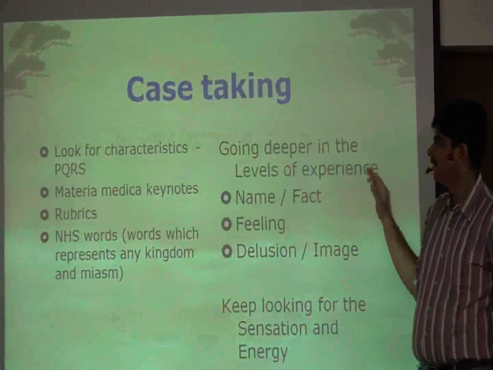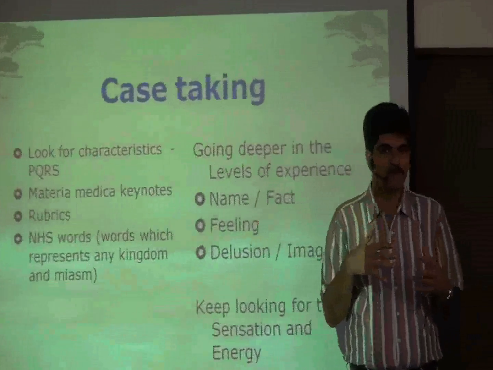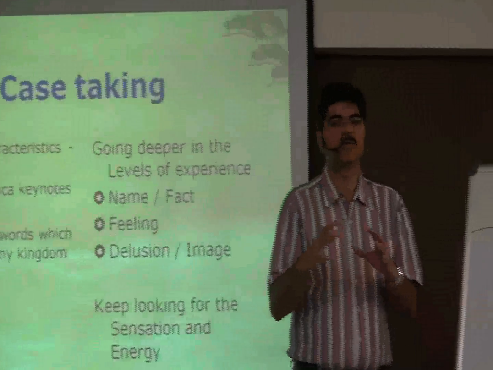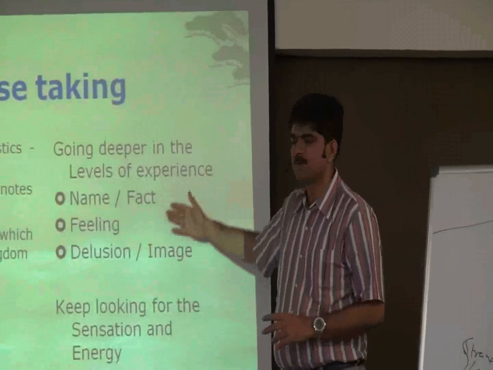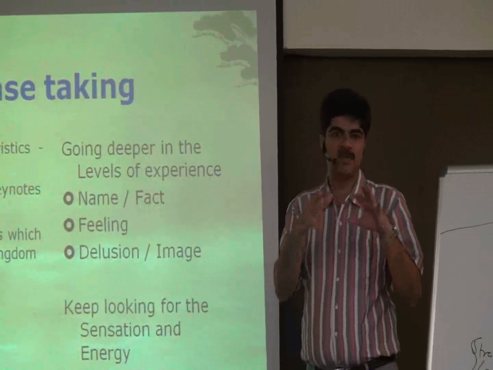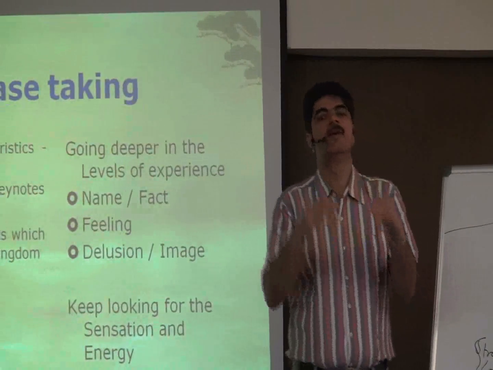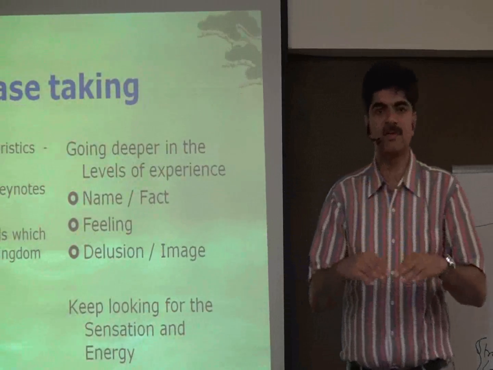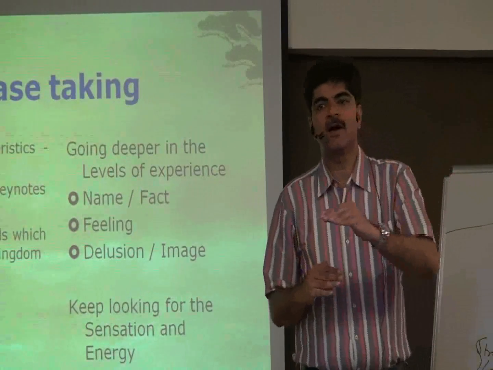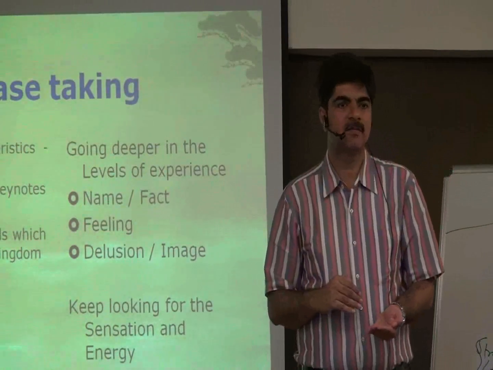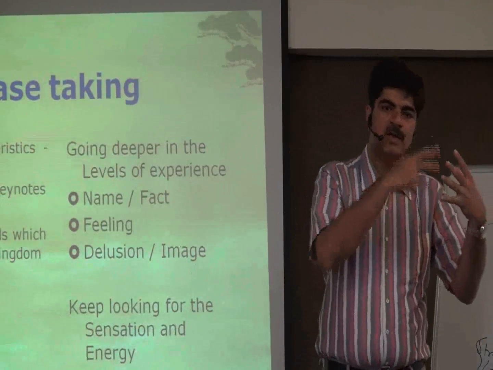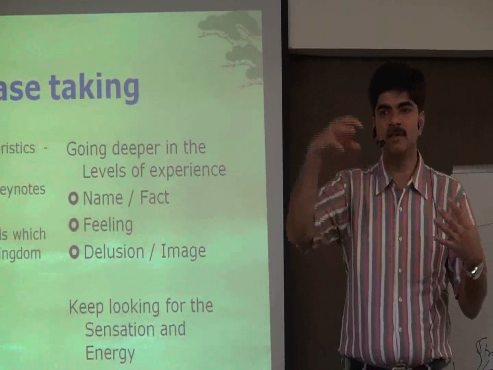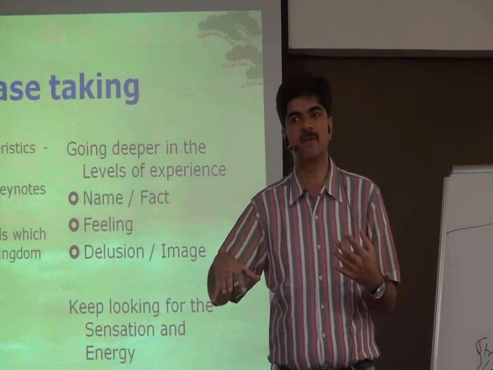The second part is my questions, and it's going according to a line: what is the level of experience? Okay, the patient is now describing the facts. I'll take it deeper. Now the feelings, the emotions, delusions. Now I would ask questions for the sensation. Or there are gestures, so I would ask for the experience of it. Or there is a delusion, I would ask for the experience of it.